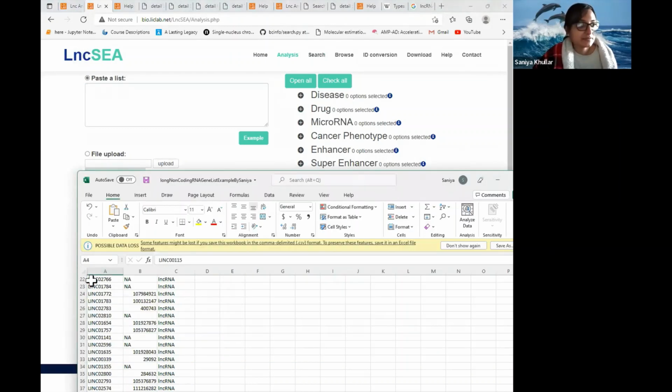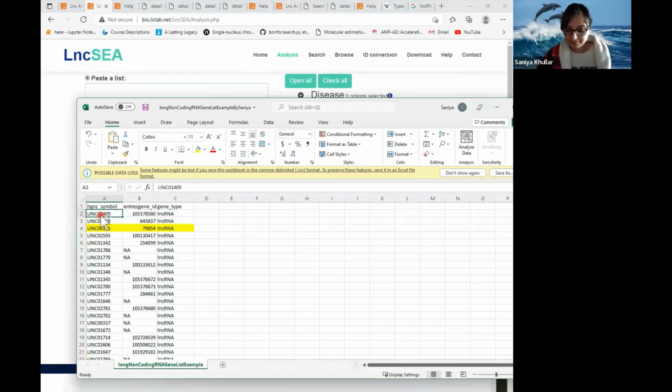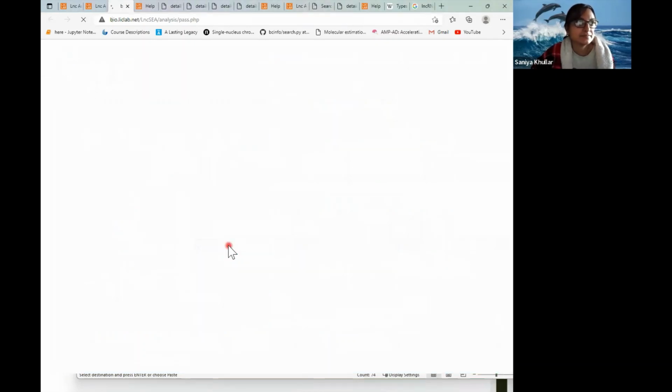So I can just select these 74 and paste this here. I think I want to keep the p-value at 0.05. I can look at lncRNAs of LncBook or of GENCODE. I'm going to stick with the default of LNCipedia. I'm going to check all of them, and I'm going to have this run.